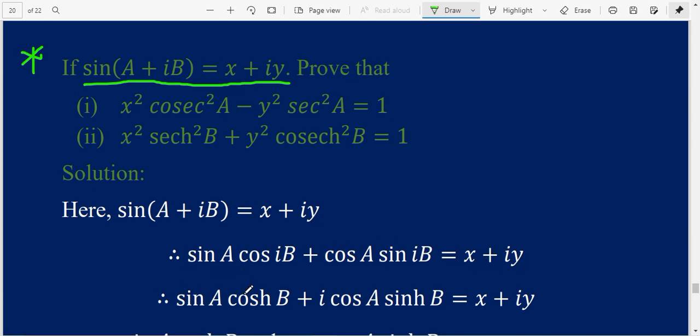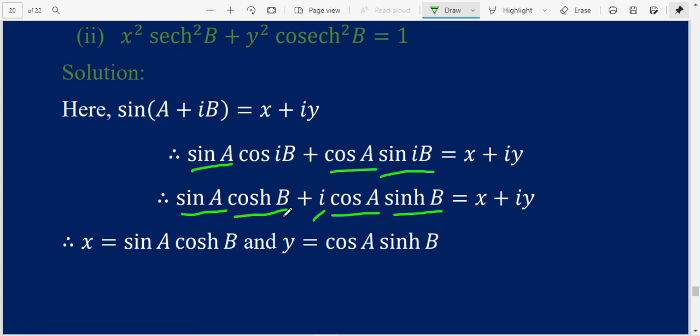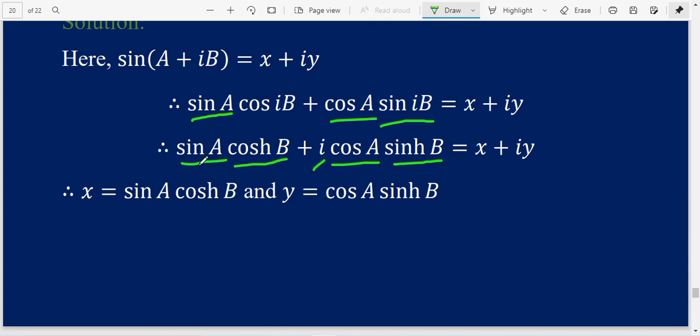Converting circular functions to hyperbolic, cos iota b is equal to cosh b and sin iota b is equal to i sinh b. Now compare the real and imaginary parts. So x is equal to sin a cosh b and y is equal to cos a sinh b.